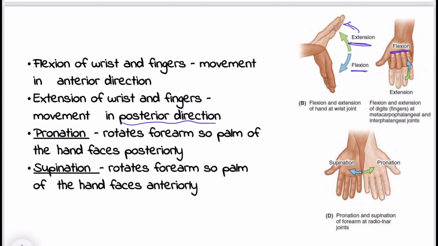It doesn't have any movement to the back. Now, pronation rotates forearm, so palm of the hand faces posteriorly, while supination rotates forearm, so palm of the hand faces anteriorly. And you can see supination is to the side of the palm facing anteriorly, while pronation is the palm facing posteriorly.